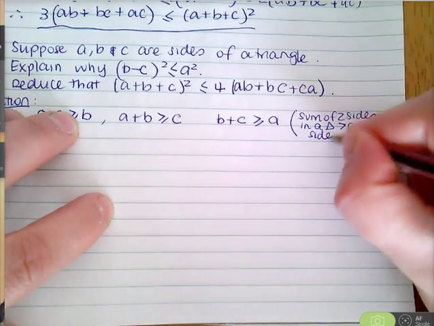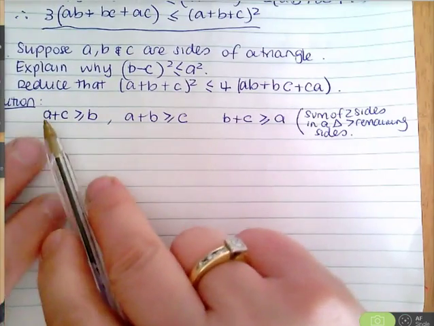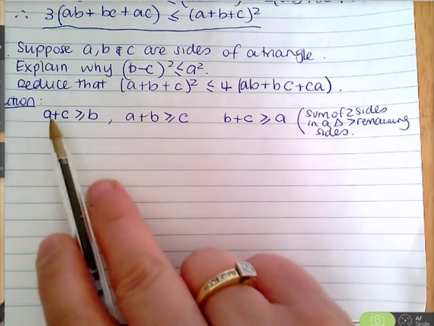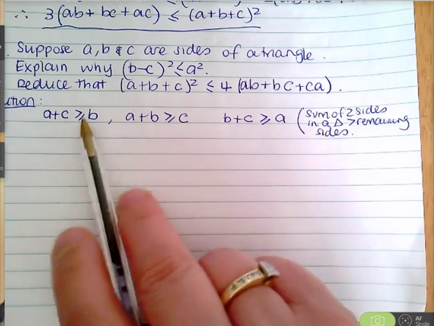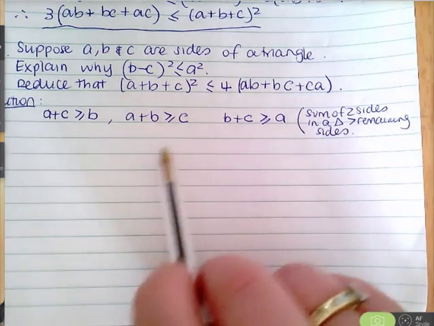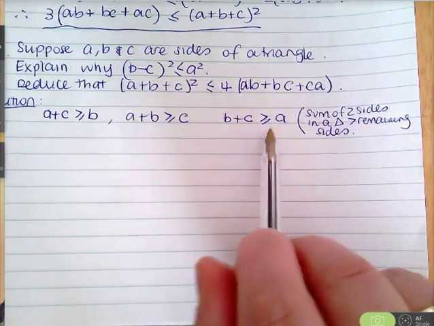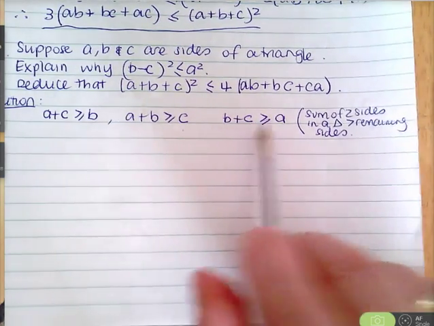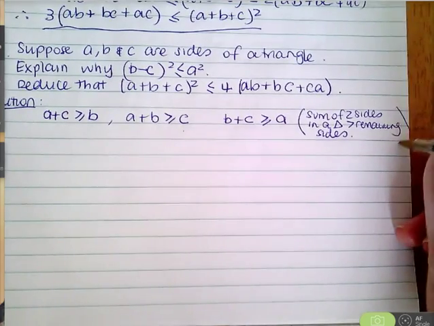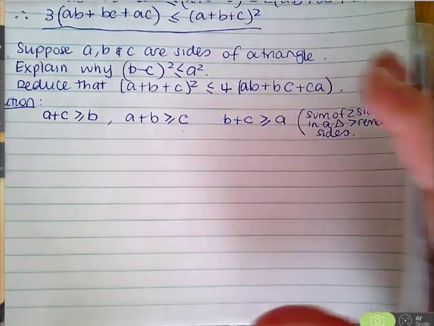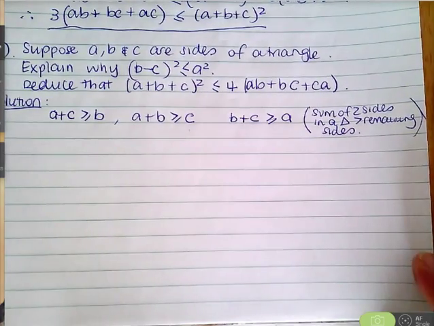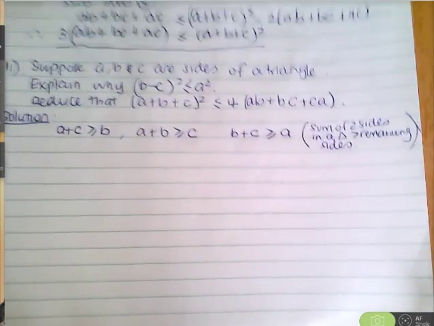And of course, we would have equality if B was equal to A plus C, or if C was equal to A plus B, and equality if A was equal to B plus C. The equality thing would apply if it was actually a flat triangle, in other words, just some lines sitting on top of other lines, okay?